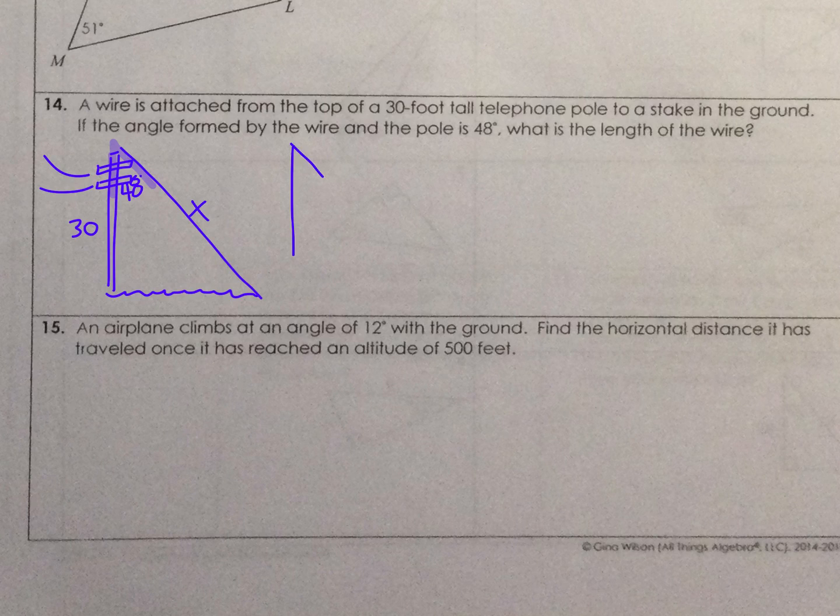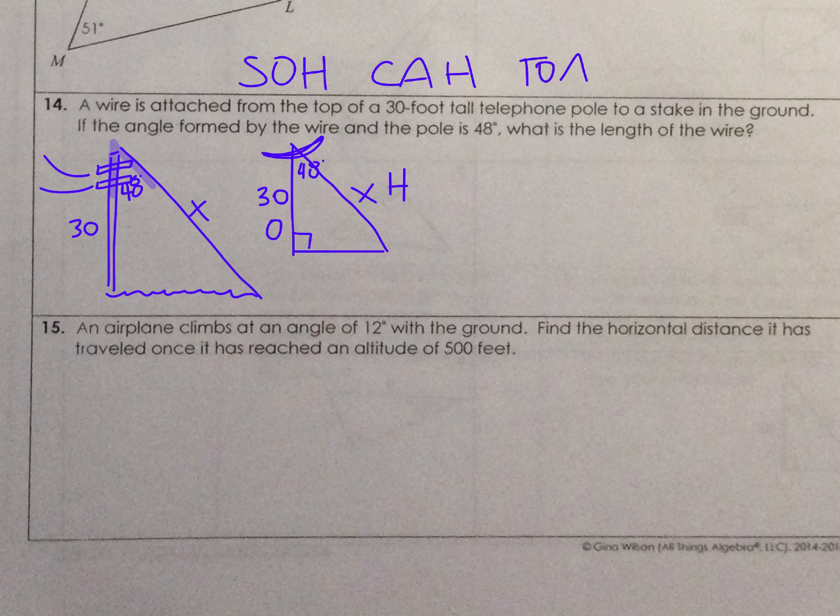So let's pull this out. Here's our triangle. This side's 30. I want 48 degrees right there, and that's my x. So if this is the angle I'm working with, I have a hypotenuse and an opposite. So use your SOHCAHTOA to write an equation and solve it for x.